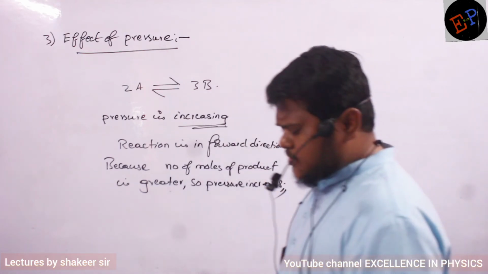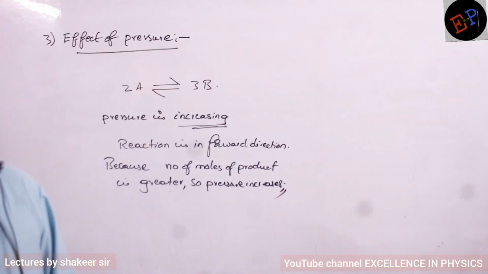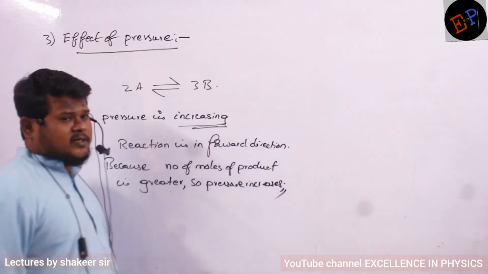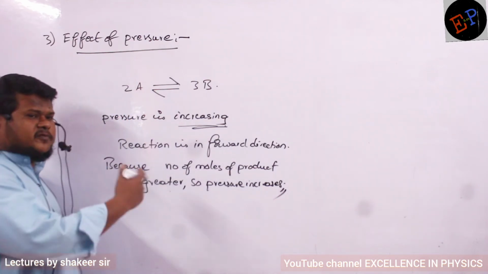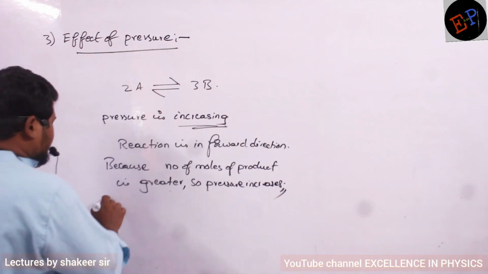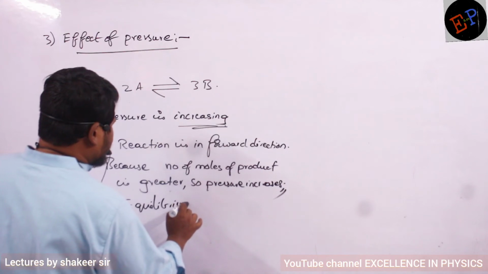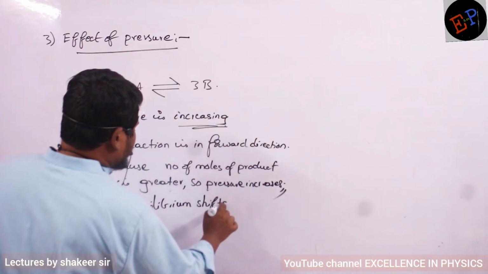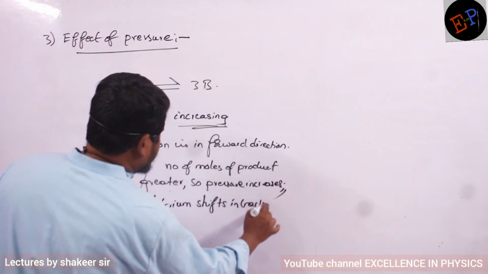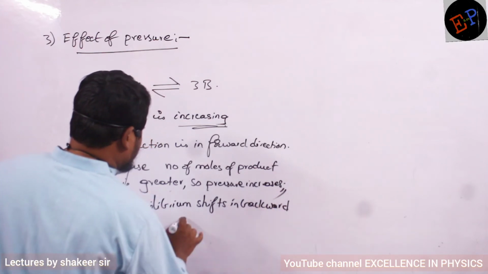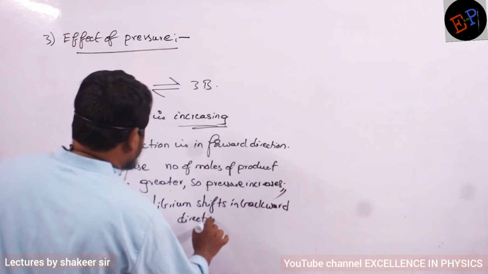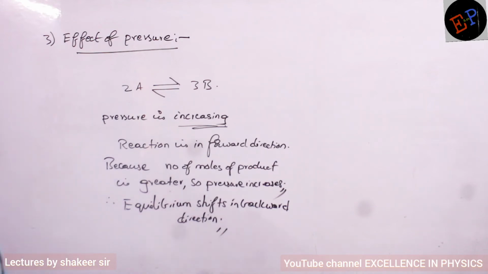If number of moles increases, pressure automatically increases. So therefore equilibrium should shift in which direction? Equilibrium must shift in opposite direction. So therefore equilibrium shifts in which direction? In backward direction. Okay, ma? So this is the concept of effect of pressure.